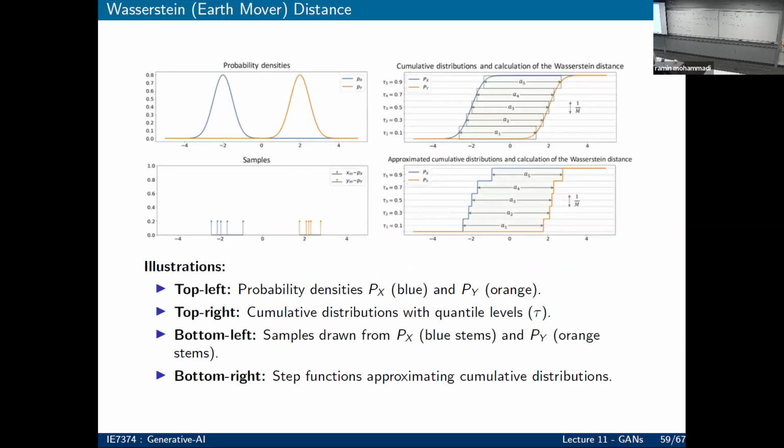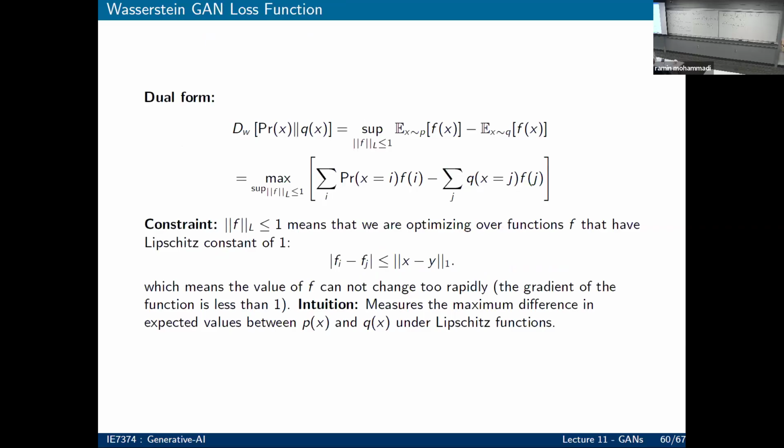Now, if we write this using the Wasserstein distance, this technically becomes the final equation that we have, where we want to do some sort of maximization over this minus this.